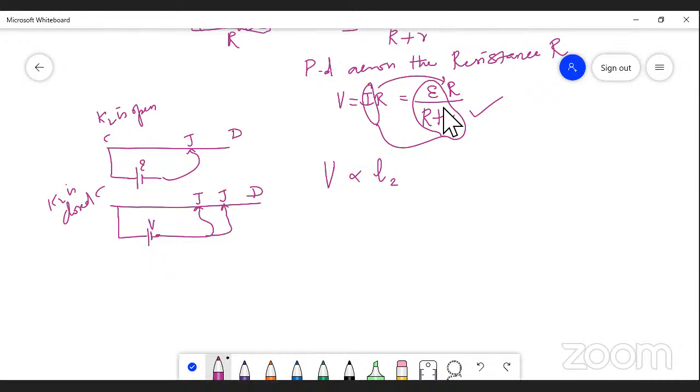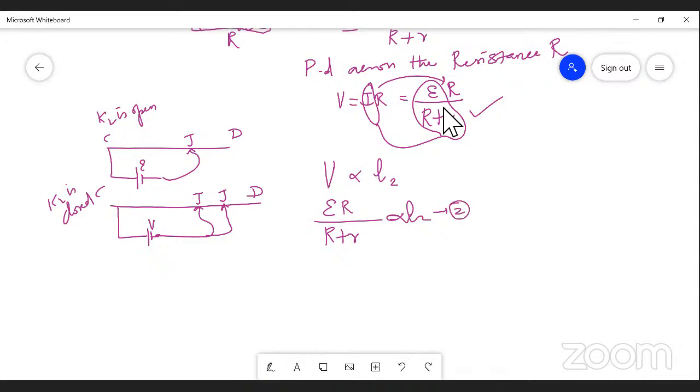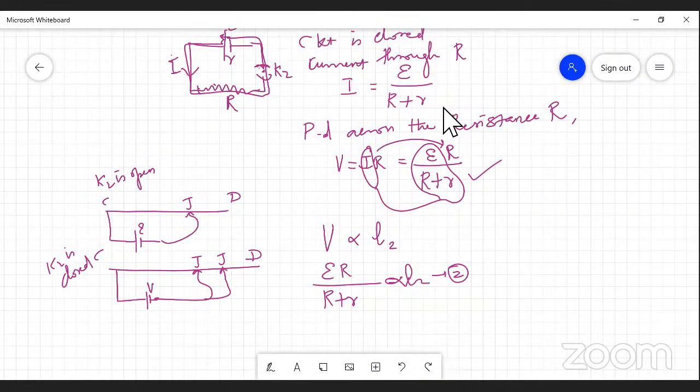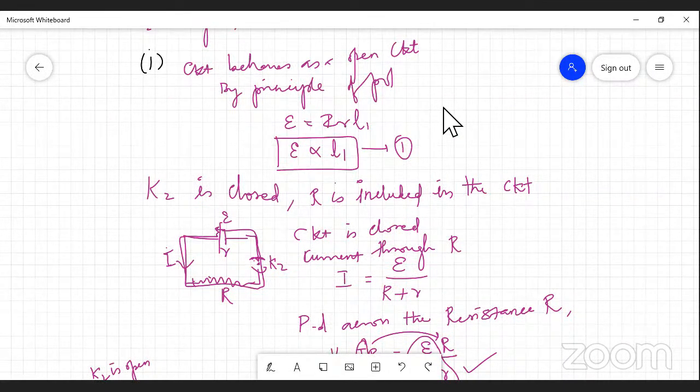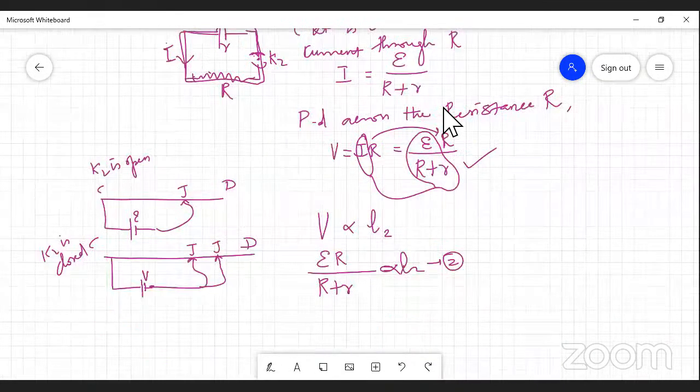So we can write ER divided by R plus r is directly proportional to L2. Let me say this is equation number 2, and this is equation number 1: E proportional to L1 is equation number 1, and V proportional to L2 is equation number 2.